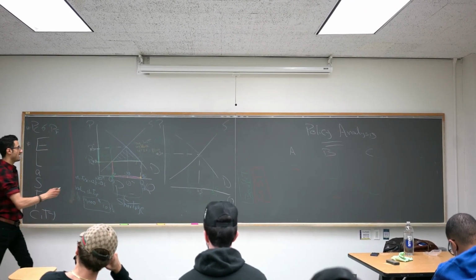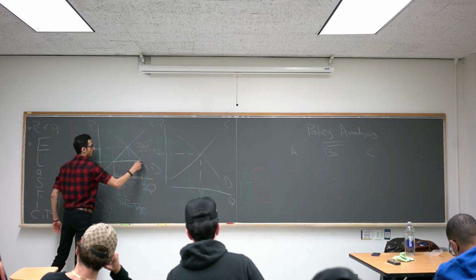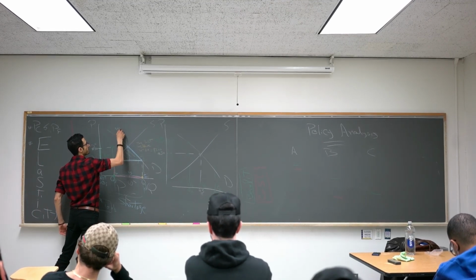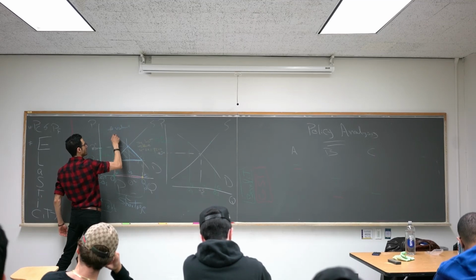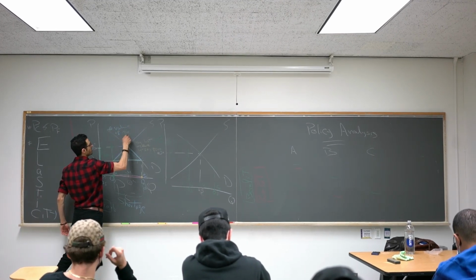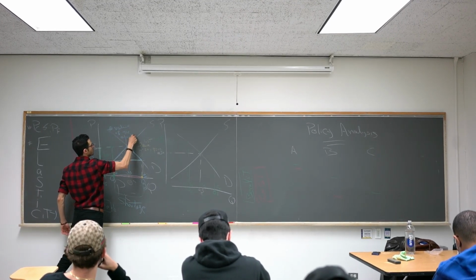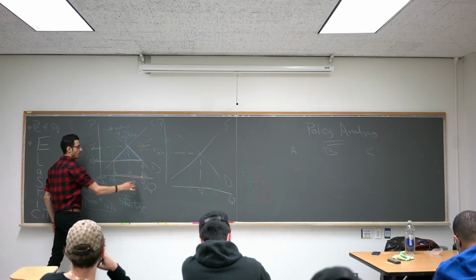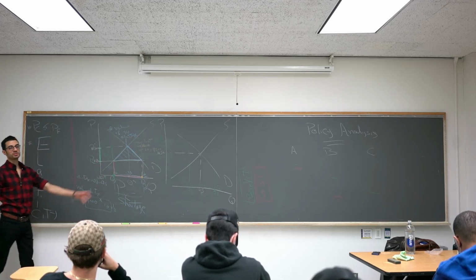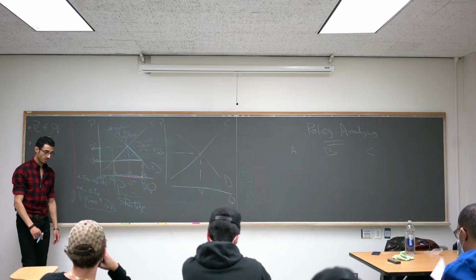So this is the dollar value of the shortage. And this is the shortage itself in units, 10,000.